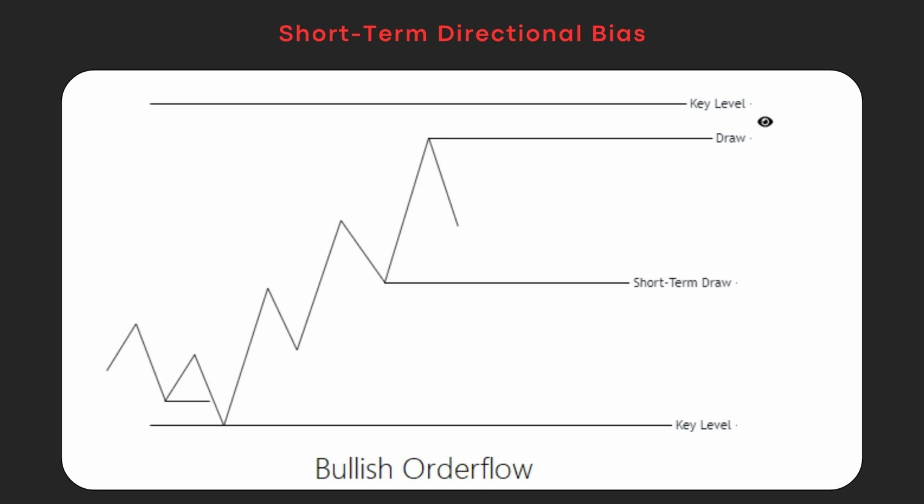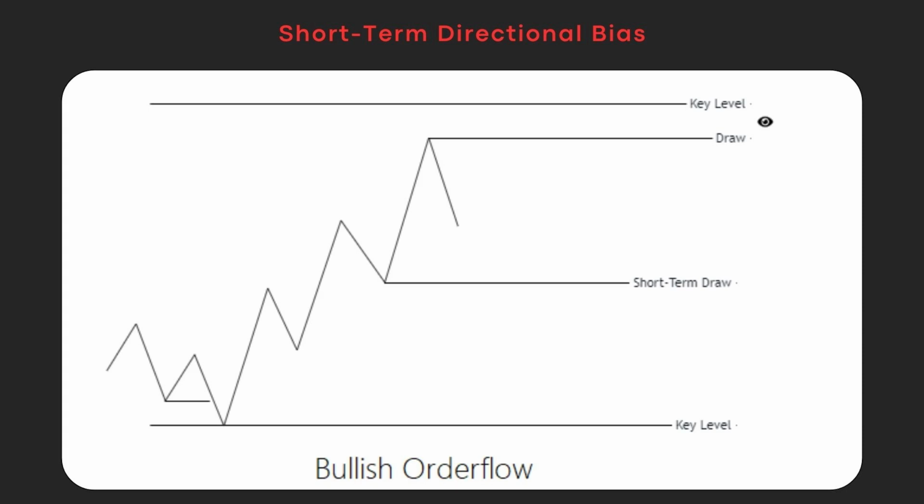Now, if you didn't know about short-term drawn liquidity, then what you would have done here is straight away looked for longs from here. But since you are aware of it, you would know that our first and immediate drawn liquidity, which is known as the short-term drawn liquidity, is this low right here. And first we would look for price to reject below this low to take out liquidity, purge and manipulate counter liquidity before expanding higher towards the major drawn liquidity higher.